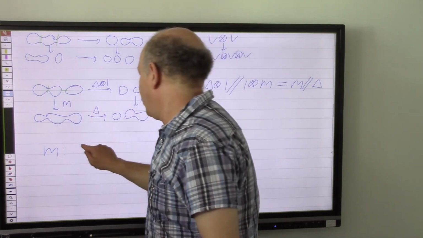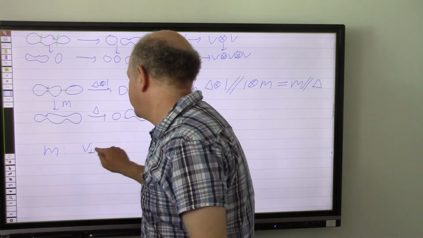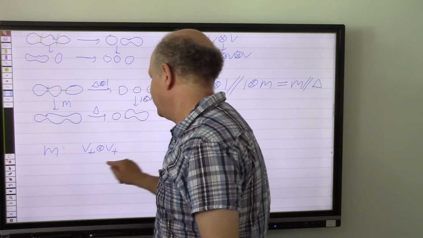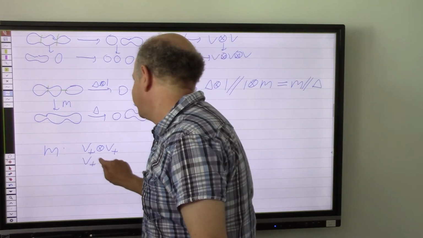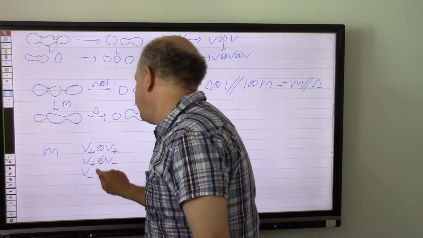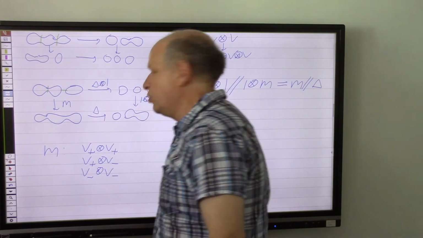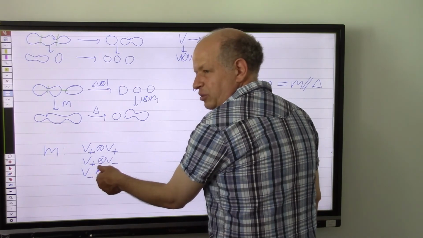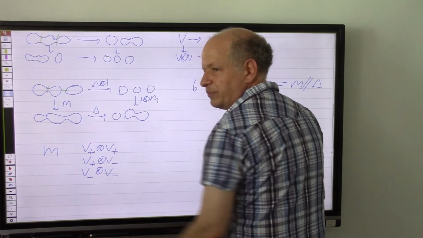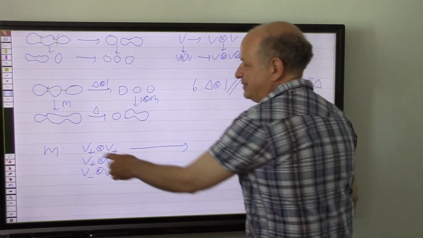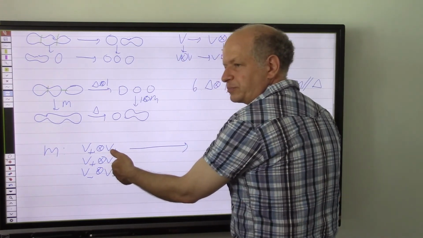So basically, all I have to tell you is where V plus tensor V plus goes, where V plus tensor V minus goes, and where V minus tensor V minus goes. I don't need to tell you where V minus tensor V plus goes because by the commutative law I already told you.